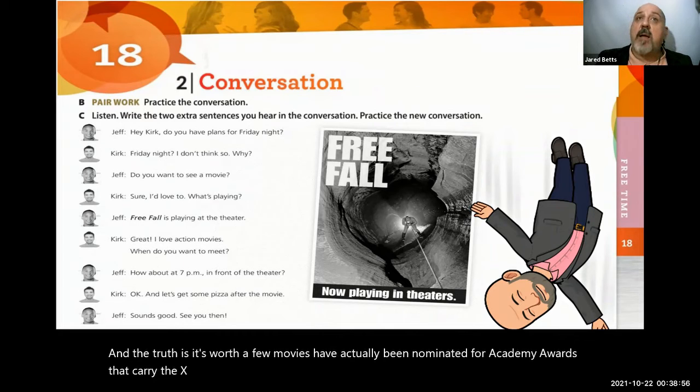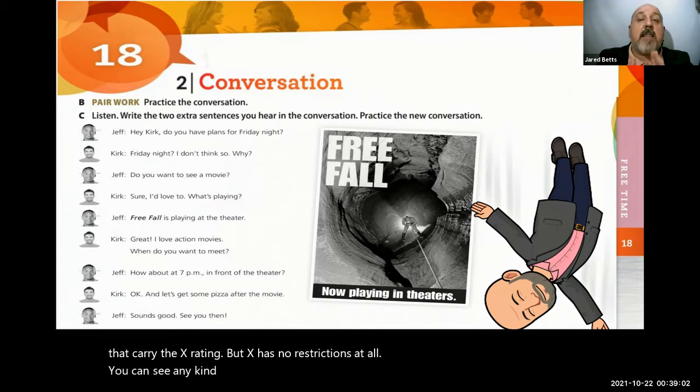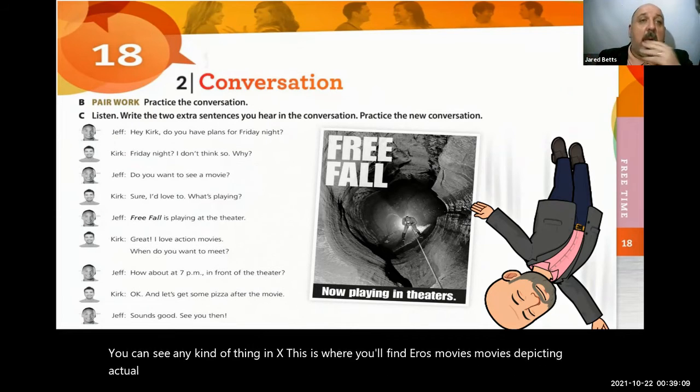But X has no restrictions at all. You can see any kind of thing in X. This is where you'll find Eros movies, movies depicting actual sex. And so this is where the extreme rating, a lot of things are up there.